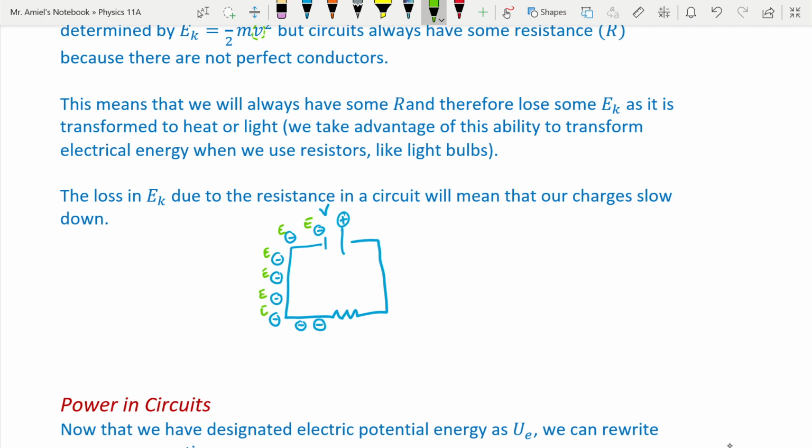And we said last time that what the resistor is doing is slowing down the charge, right? So these things get to this resistor, and all of a sudden they're going to start to slow down because the material in the resistor is designed to slow them down. So this means that they're losing energy. So let's say we'll go from big E here to little e. We've lost energy.